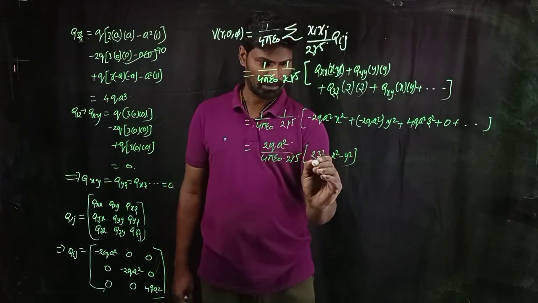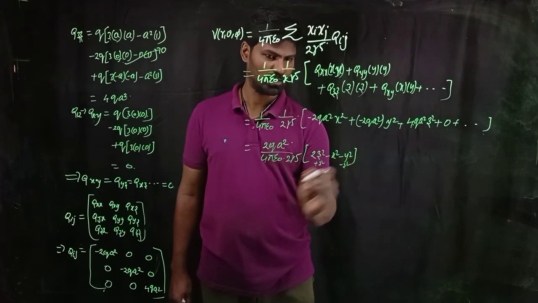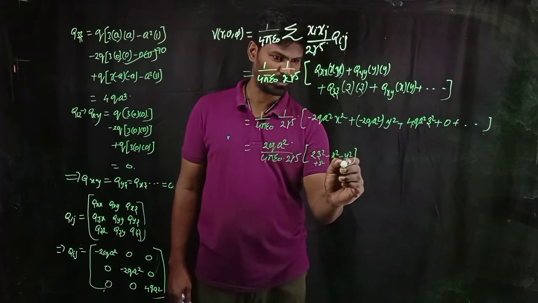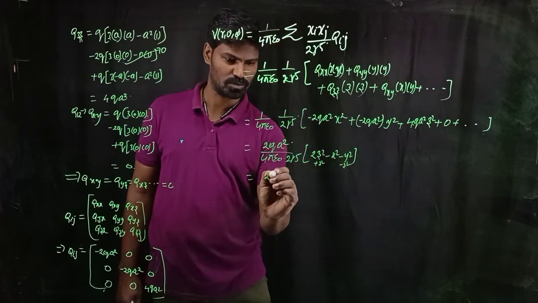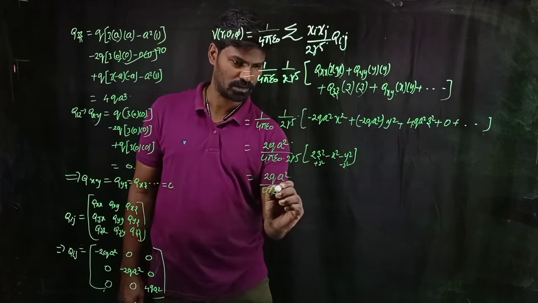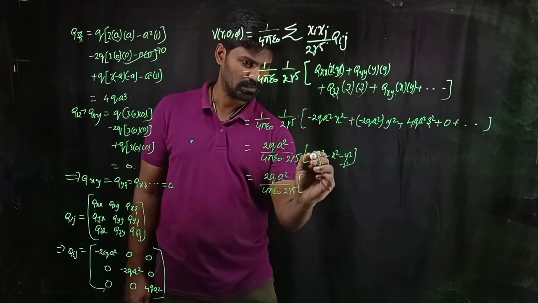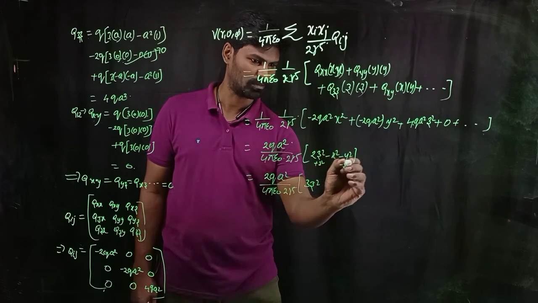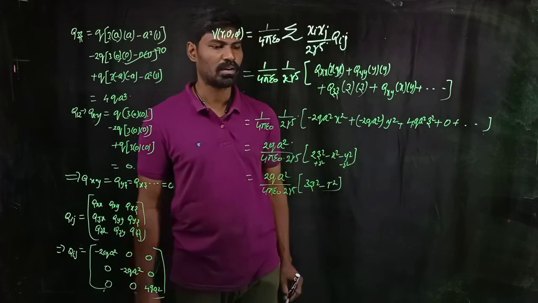Here I will do one thing, I will add one z square over here and remove one z square over here, because of which I can write this whole thing with x square plus y square plus z square, which is r square. That is equal to 2q a square divided by 4 pi epsilon naught into 2r power 5 into, this I can write as 2z square plus z square is 3z square, minus x square plus y square plus z square, which I am writing as r square, okay.